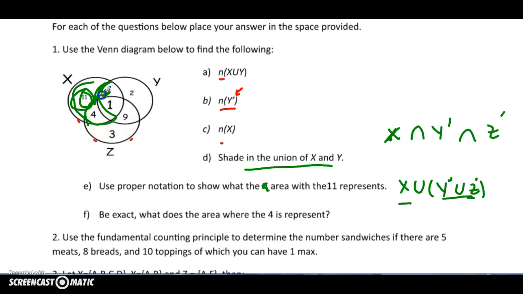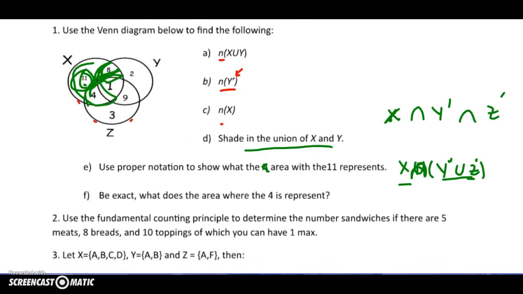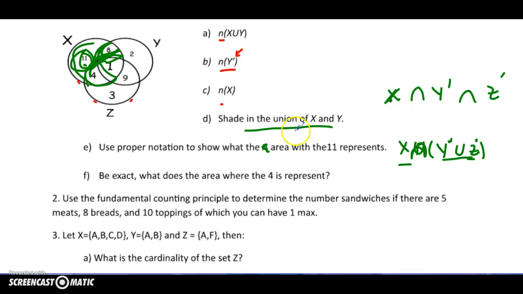So we'd have the 4, the 8, and the 11. No, that's not right. It would be the intersection of x and what's not in y, what's not in z. So lots of ways to write this. That's one way to do it, that's another way to do it, and there's probably other ways. So we'll take up a few more in class.